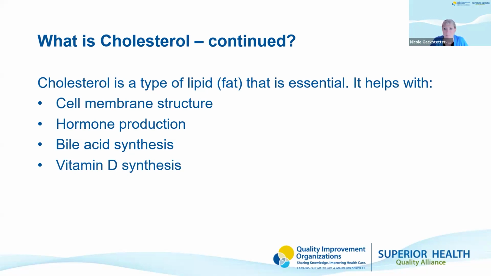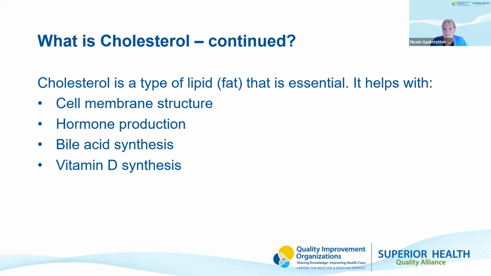It helps maintain membrane fluidity and allows cells to function properly. Hormone production: cholesterol is a precursor for important hormones like cortisol, aldosterone, estrogen, progesterone, and testosterone. These hormones are essential for metabolism, stress response, fluid balance, and reproductive functions.